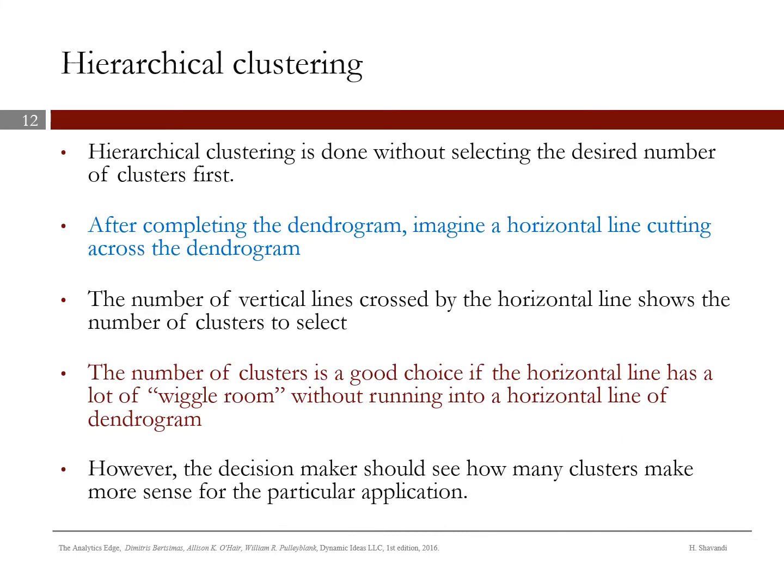As we saw in the hierarchical clustering method, we do not obtain a desired number of clusters first. We start with n clusters, the number of observations, and at the end we end up with one cluster. Then by having a dendrogram, we can see what would be the desired number of clusters by analyzing the dendrogram.